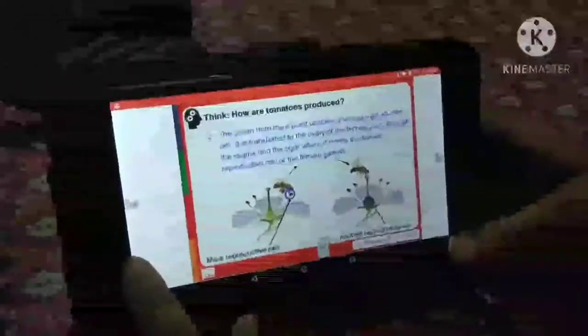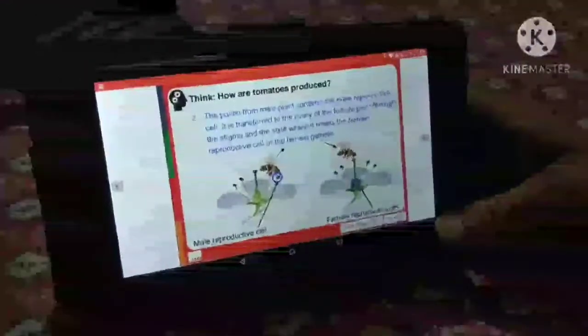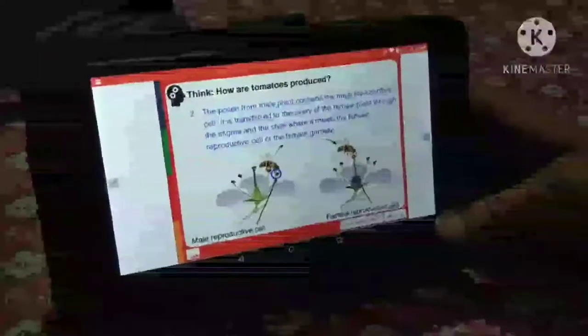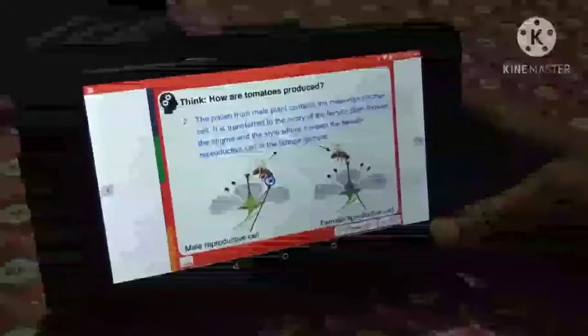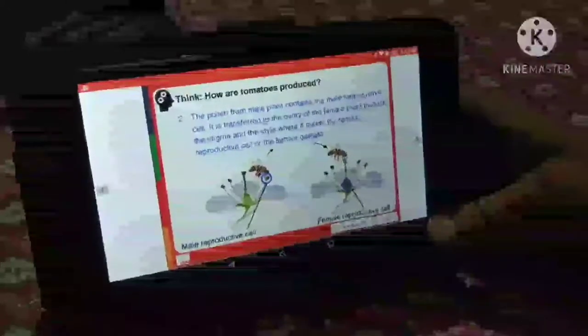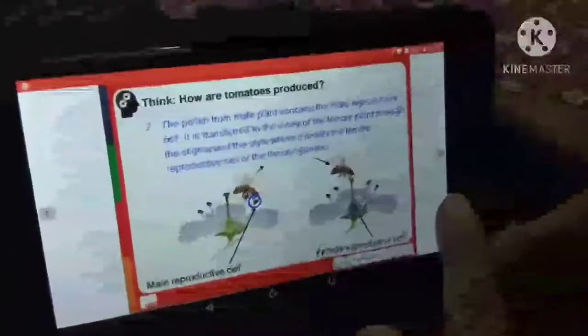The pollen grains from male plant contains the male reproductive cell. It is transferred to the ovary of the female plant through the stigma and the style, where it meets the female reproductive cell or the female gamete.